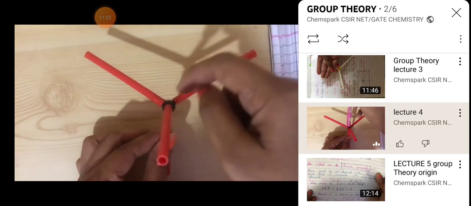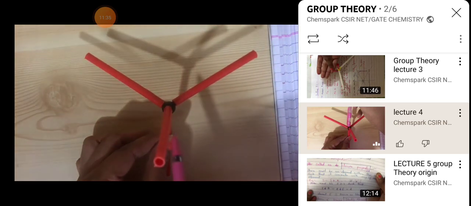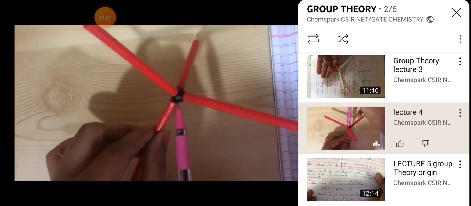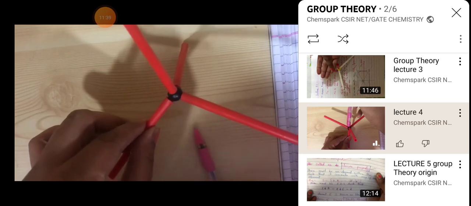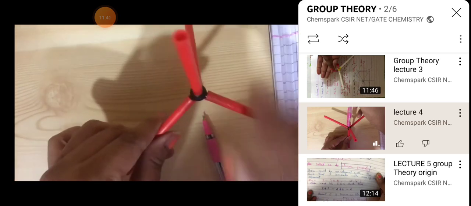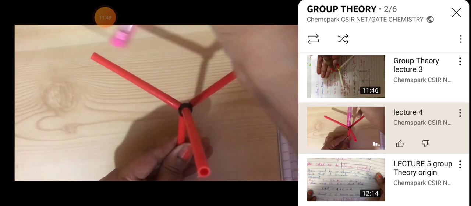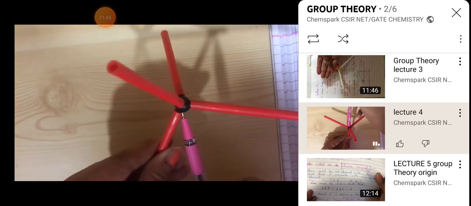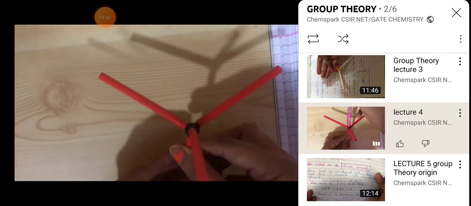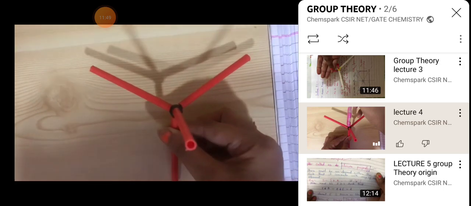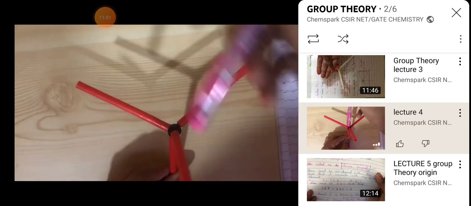If the axis passes through this also, you can see the hydrogen on this side is also divided. So if you are dividing the upper hydrogen, you are simultaneously dividing the lower hydrogen. That means the molecule is easily divided by this axis.